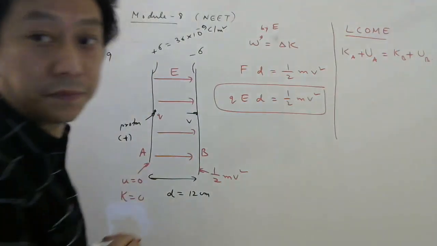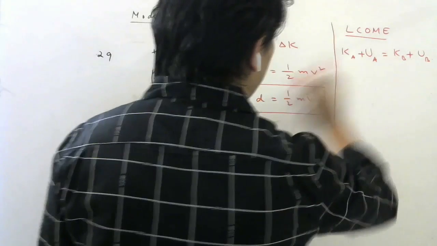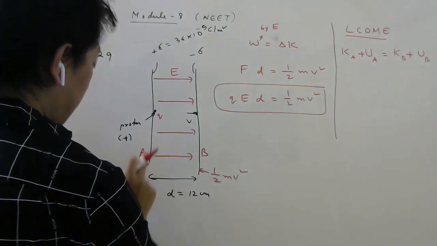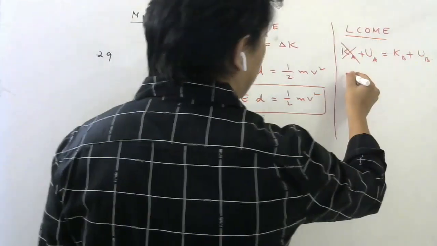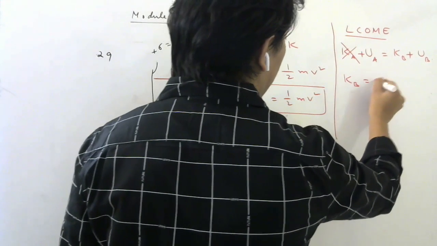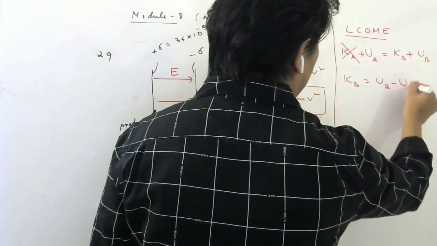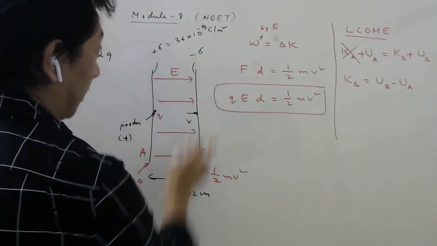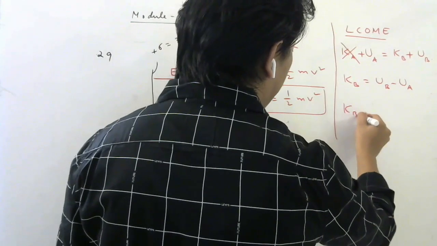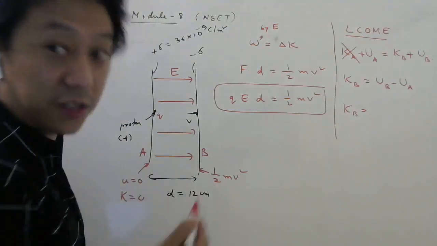Okay. Then you know one of them is 0 because it started from 0 speed. So kinetic energy at A is 0. So kinetic energy at B will be equal to UB minus UA. What is UB? Potential energy of this charge at this plate. Now you can write potential energy in terms of potential also.